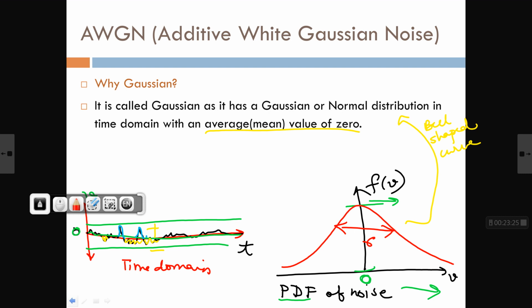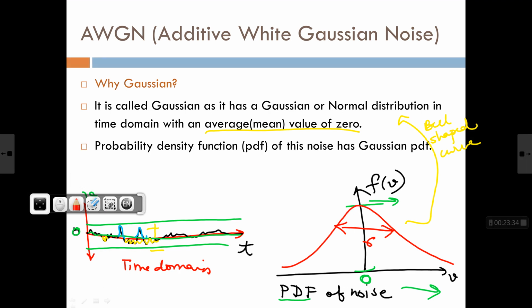Now what is the equation for the Gaussian noise? What you should know is that Gaussian noise is a bell-shaped curve, and it has a PDF which is going to be a Gaussian PDF. The Gaussian noise PDF is bell-shaped, and the peak value is centered around 0, and that is the reason the mean or average value is 0.